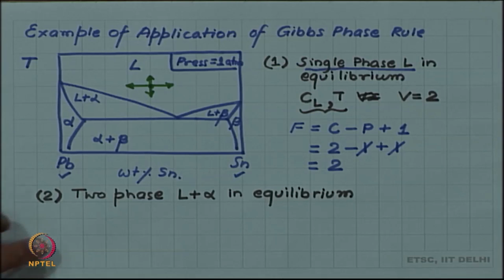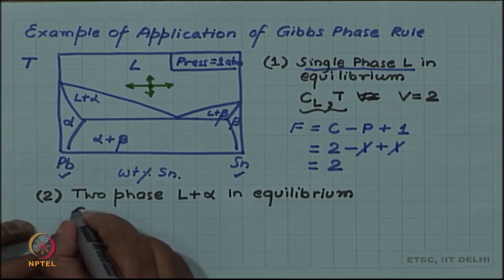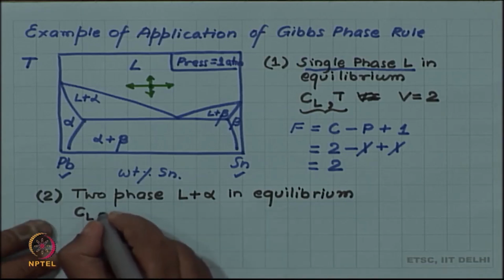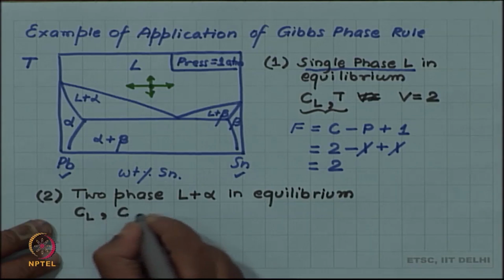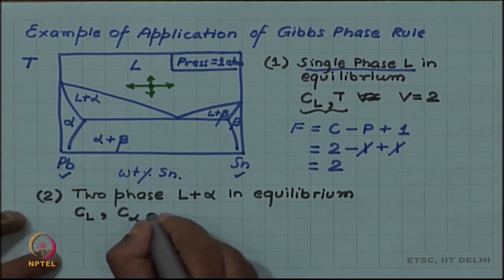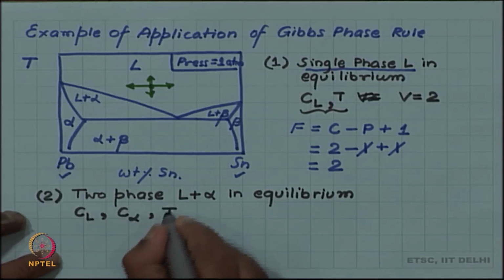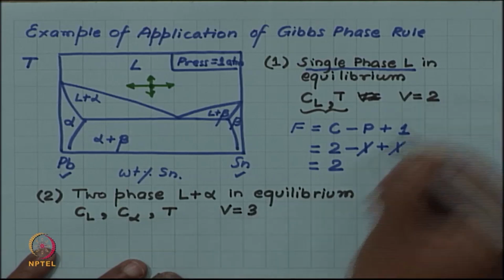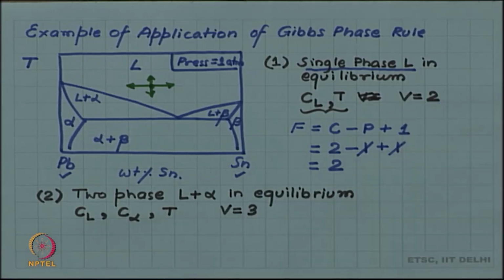Now, how many variables do I have? Since the two phases are there, I need composition of both the phases. So, I have Cl and I have C alpha, and of course, I have T. So, the number of variables increases by 1 with respect to the previous case. Now, I have 3 variables.